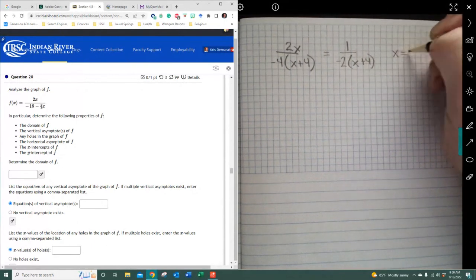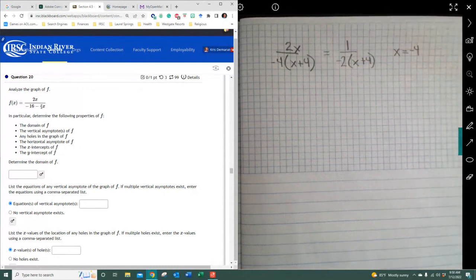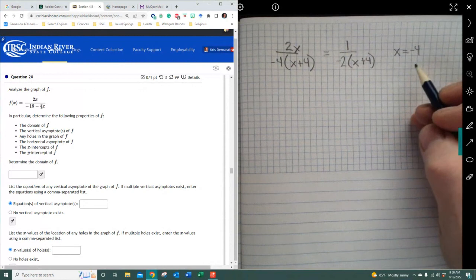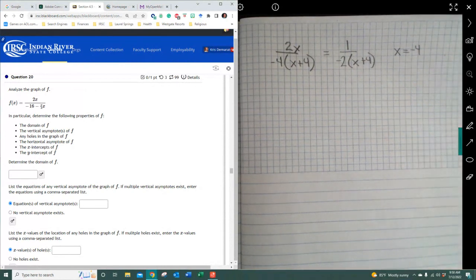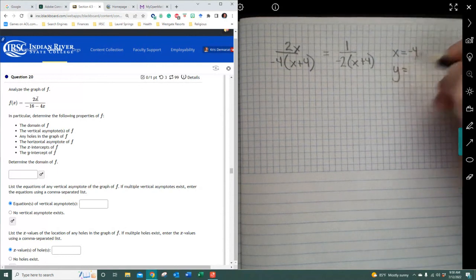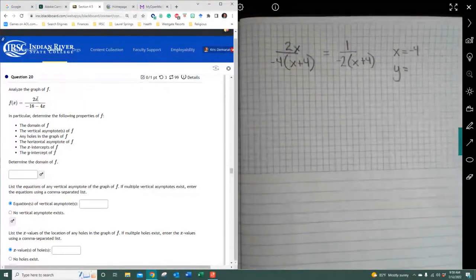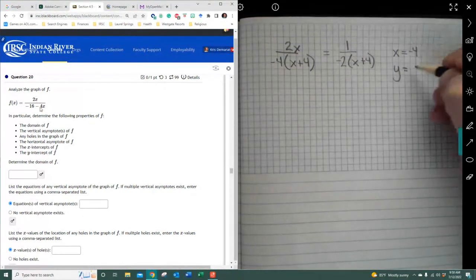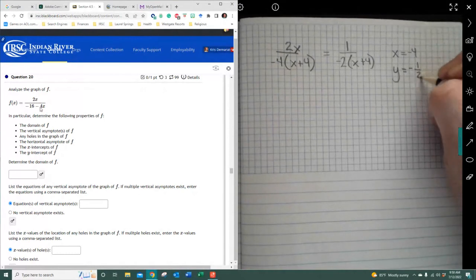So the vertical asymptote is at x equals -4. And then I still have a horizontal asymptote. The horizontal asymptote is going to be right here. You can see that they're the same. So the horizontal asymptote is where y equals, and we could just take the leading coefficients, and that's going to be -1/2.